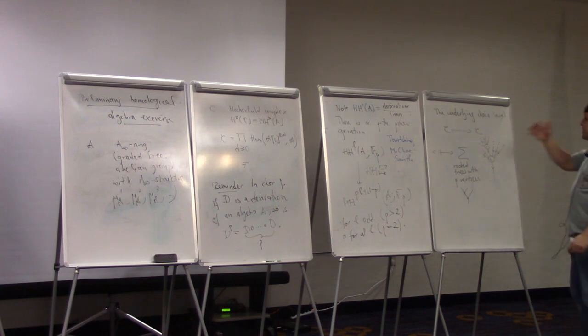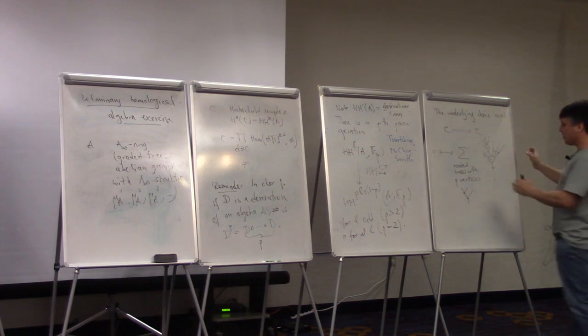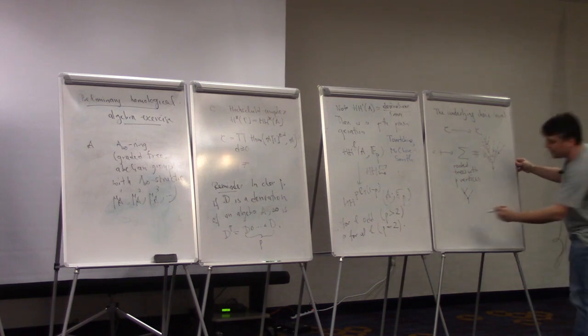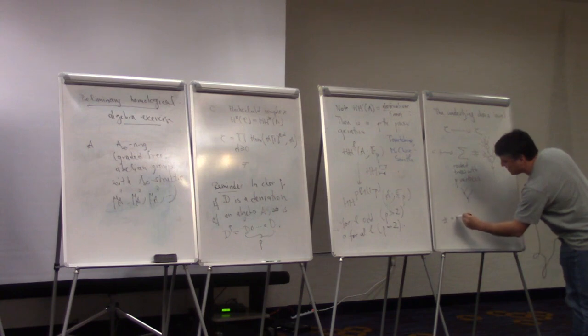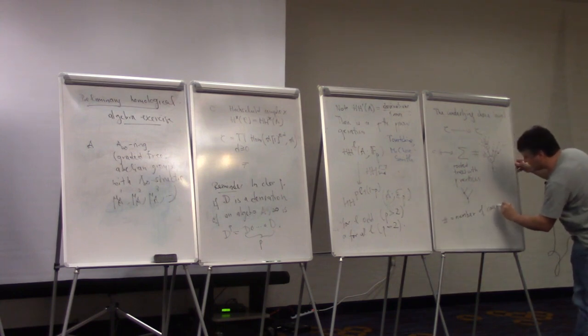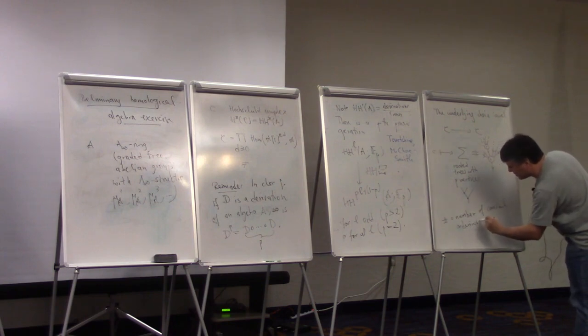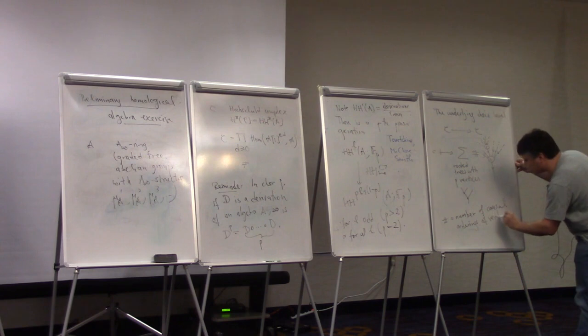I haven't quite finished the description here, because there's a multiplicity for each tree, and the multiplicity is the number of causal orderings of vertices. I just made up this language.